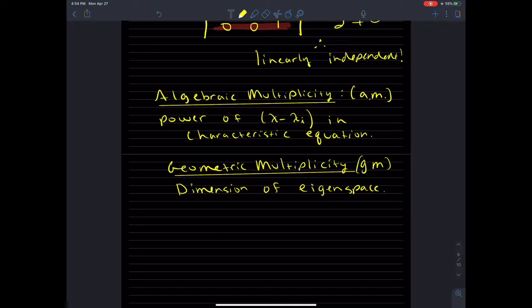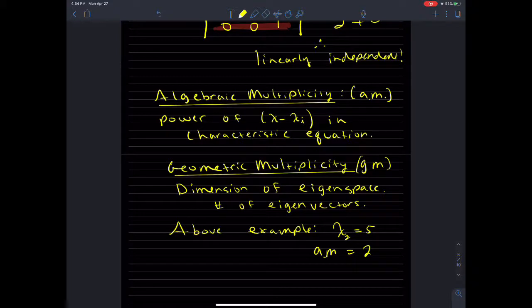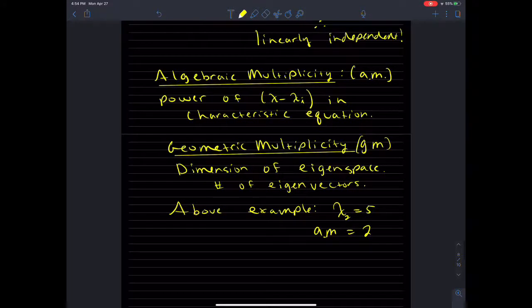Really it's how many eigenvectors there are. For lambda 2 equal to 5, the AM, the multiplicity, the power for 5, we had 2 factors that were 5, so the AM is 2. And the GM we ended up with was also 2.